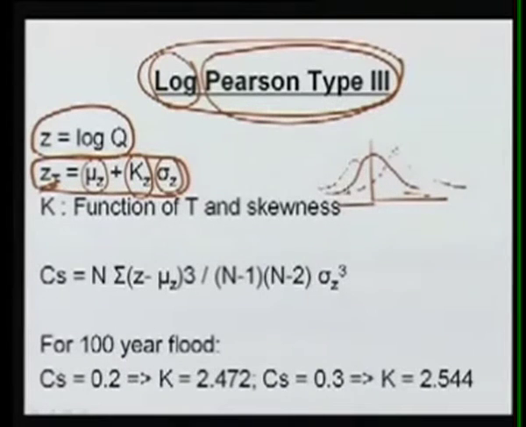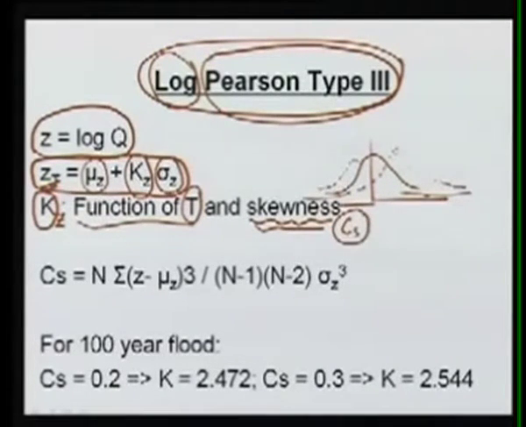There may be a long tail on the negative side, or a long tail on the positive side. That will give us some skewness, and the function kz, which we have here, is a function of the return period t and the skewness of the distribution, which we call cs.